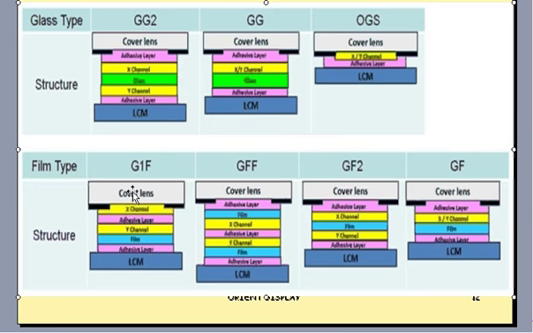We can have a cover lens produced with an X channel, and a film produced with a Y channel, and then use glue to glue together. Okay, this is a G1 film. It is also very promising technology, and a lot of companies, including our company, are also investigating this technology.